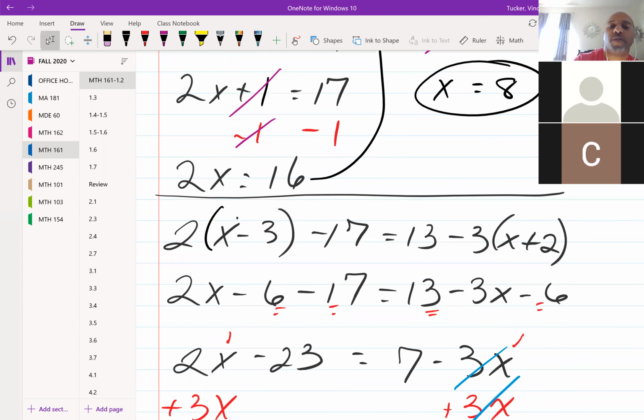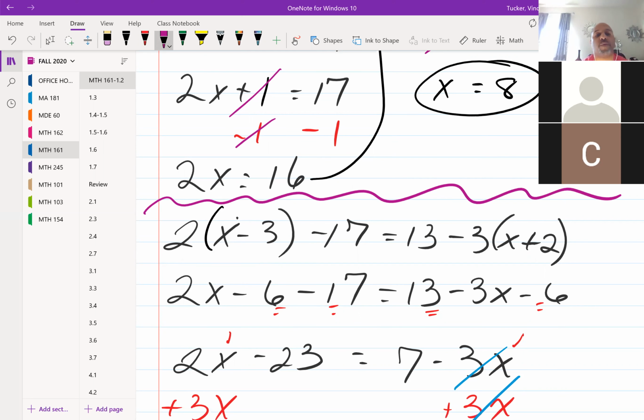Next one, and I'll try to make this evident, this is a whole other problem. But anyway, we have 2 times the quantity of x plus 3, x minus 3, minus 17 equal to 13 minus 3 times x plus 2. First thing we're going to do is distribute that 2.